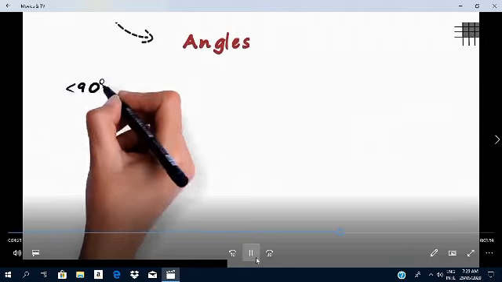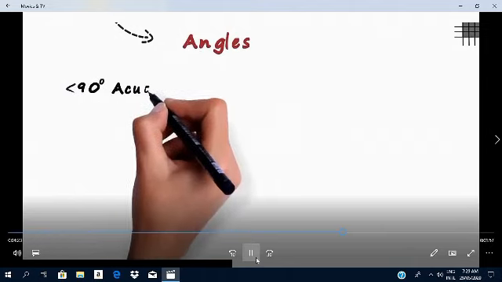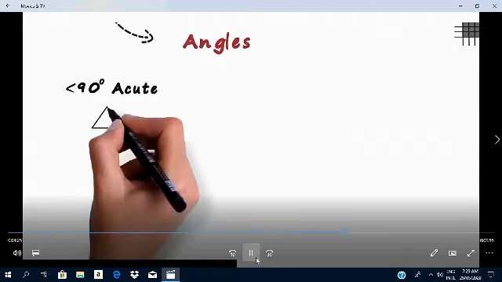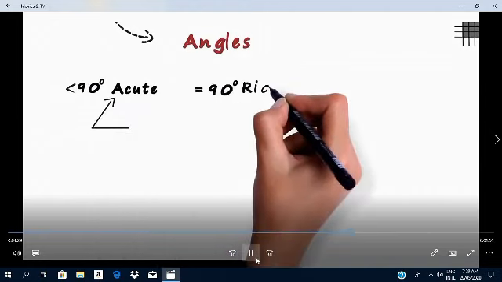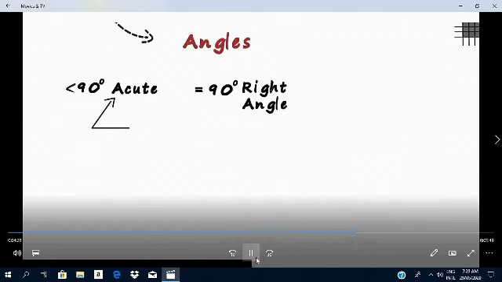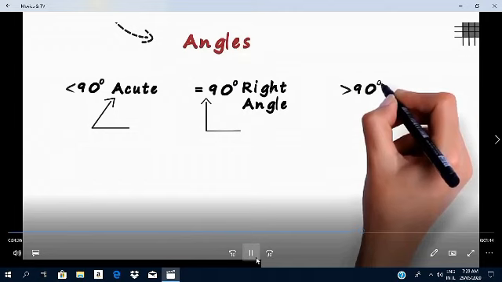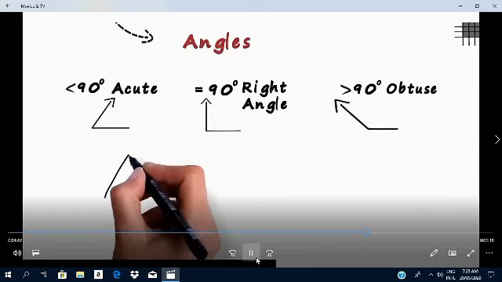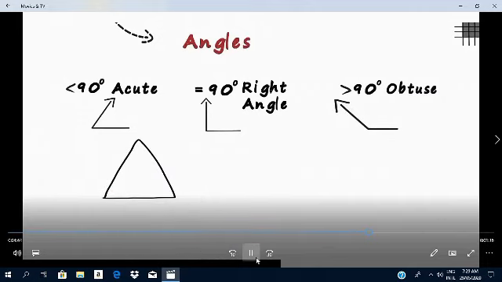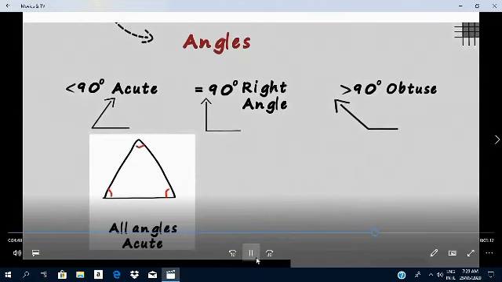Now we are going to be doing a recap on the identification of triangles using the amount of angles which they contain. Less than 90 degrees is acute triangle. 90 degrees is right angle, while greater than 90 degrees is obtuse triangle.